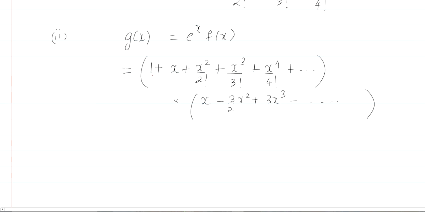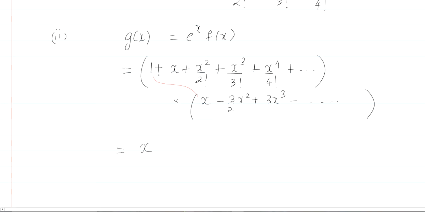Okay, so first we'll multiply the 1 times x. And when I multiply 1 times x, I end up with x. So that's my first term. All other terms are going to be higher powers of x. Now for the second term, we have two choices. I'm going to use the color blue for the second term.